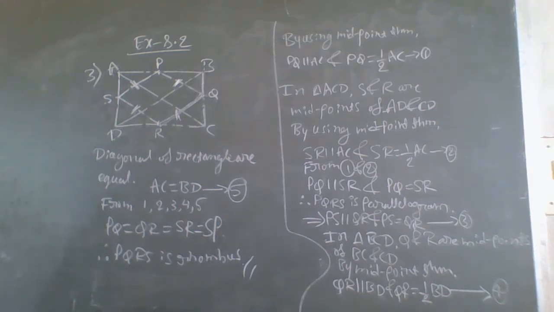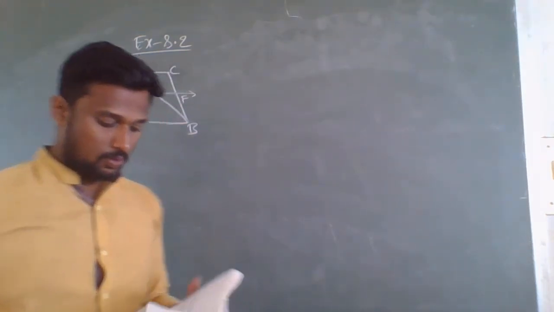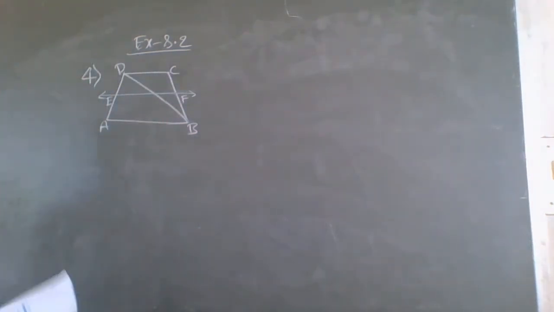Now I will continue with the fourth problem. This is the diagram given for the fourth problem. What is given here? ABCD is a trapezium in which AB is parallel to DC.